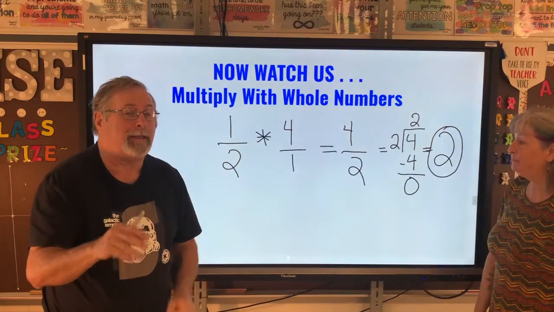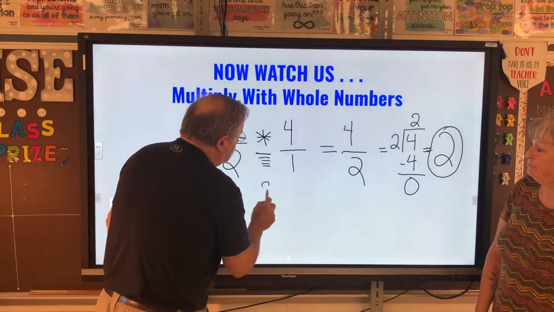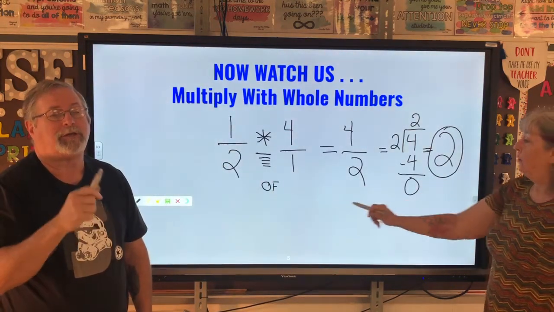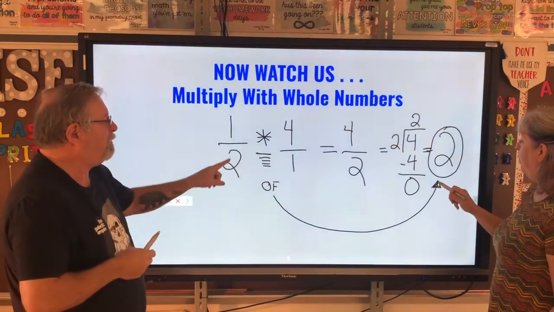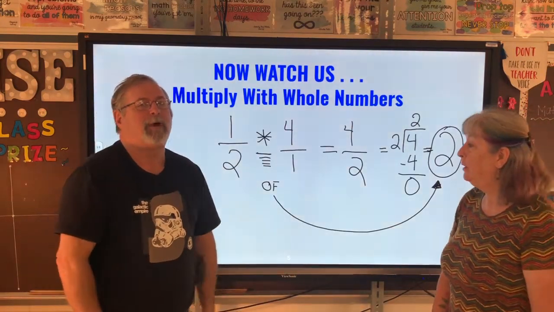Another way we like to say this sometimes is to use the word "of." 1/2 of 4. Multiplication and the word "of" mean the same thing when you talk about these kinds of problems. So what's 1/2 of 4? It's 2. That's why it was a nice, easy problem.